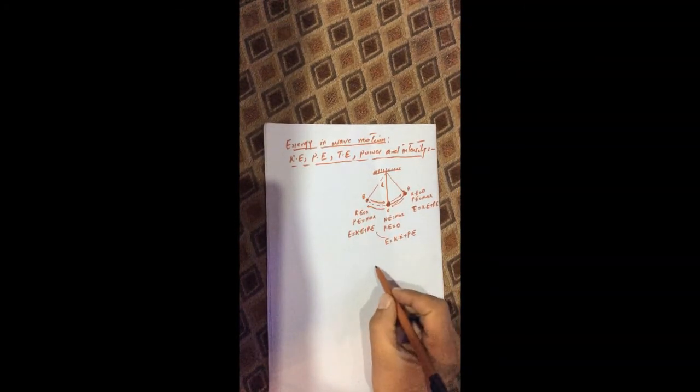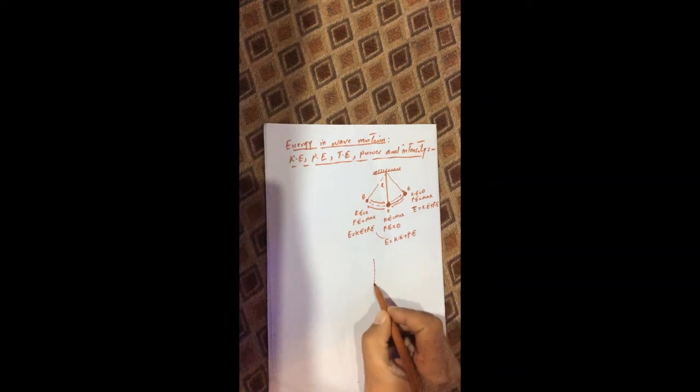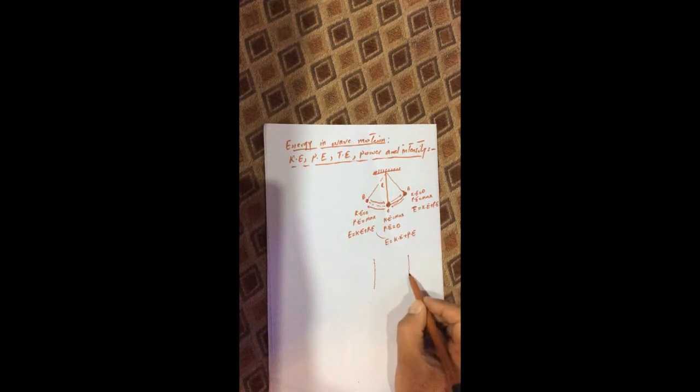So if we plot the energy diagram of this simple harmonic motion, then this particle moves between 2 points.